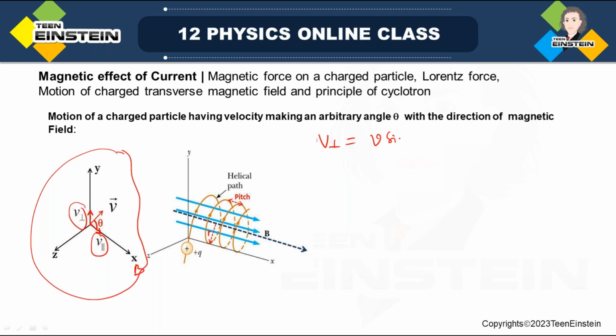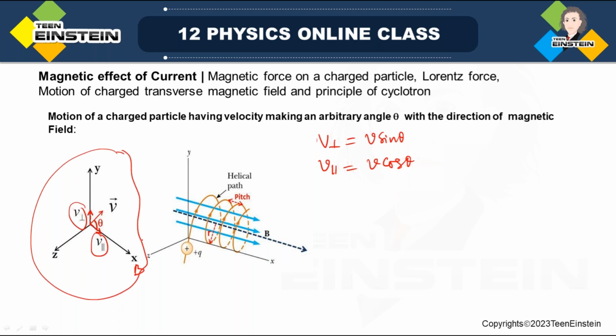So the perpendicular component is V sine theta, and the parallel component is, sorry, let me write here itself, V cos theta.